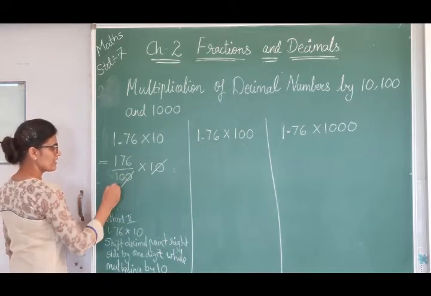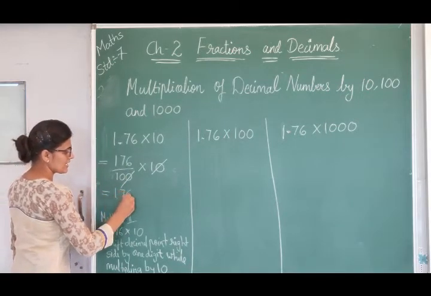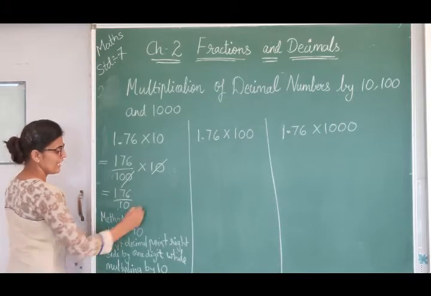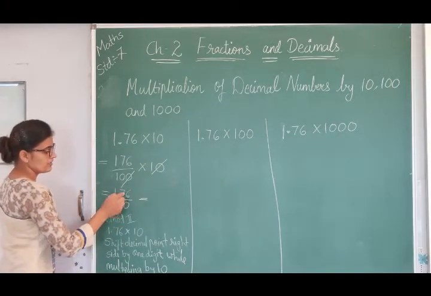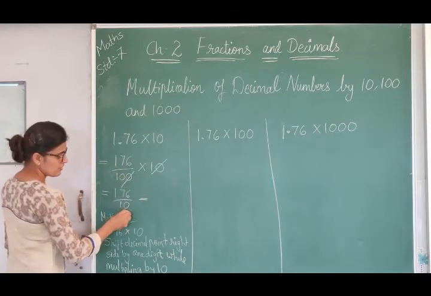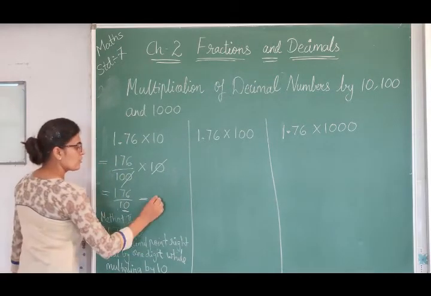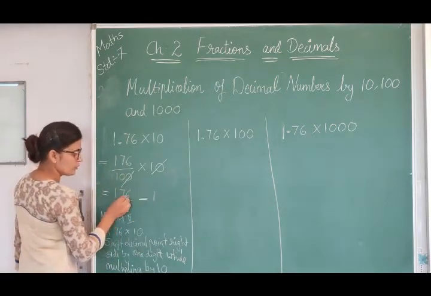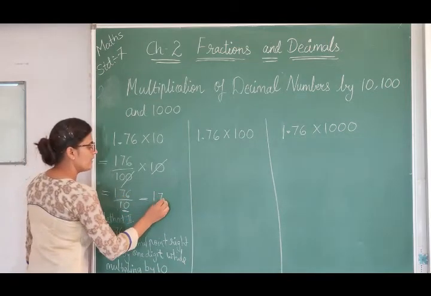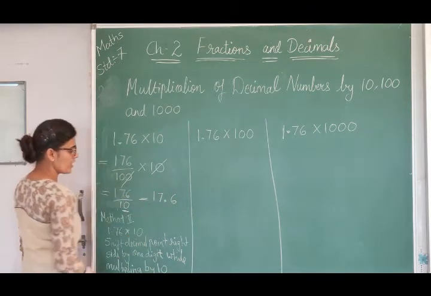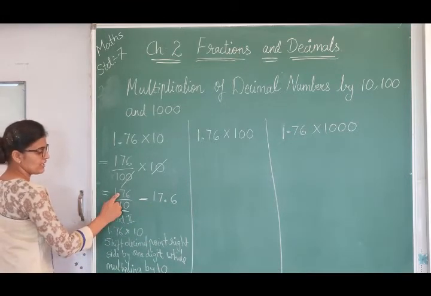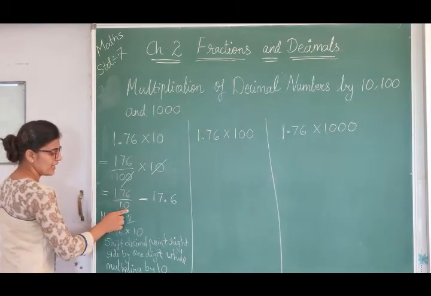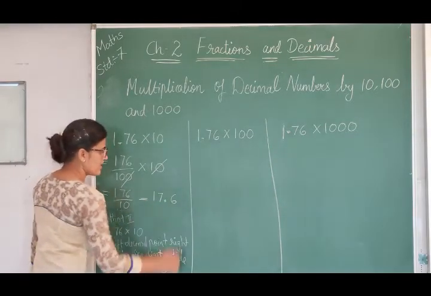So what remains? 176 divided by 10. That can be written in decimal as one digit after the point, because here 10 is there. So we have to put the point over here. So 17.6. Here you can see after the point one digit is there. So 176 divided by 10 is written as 17.6.